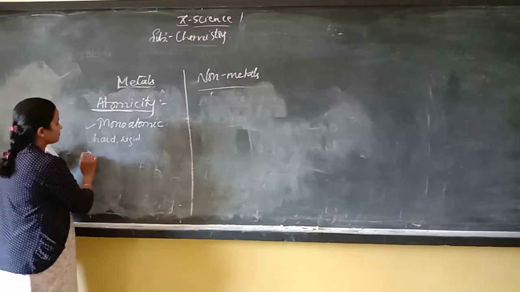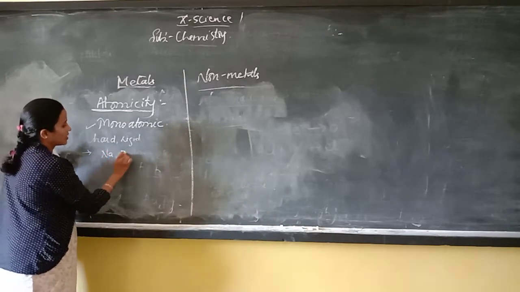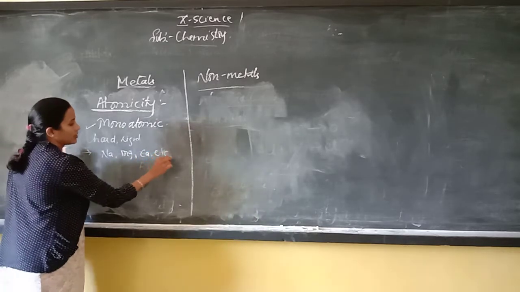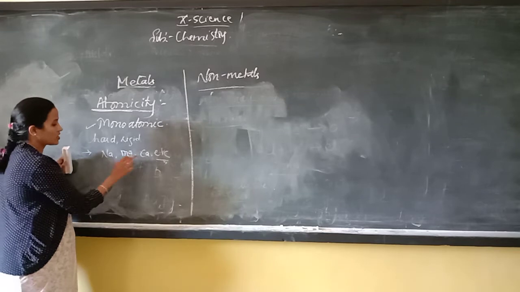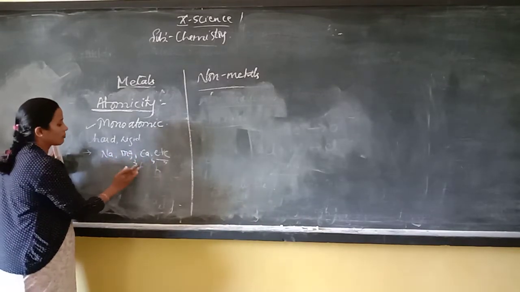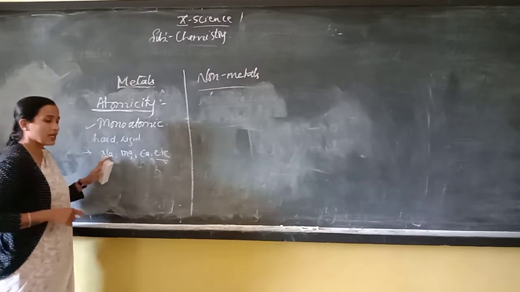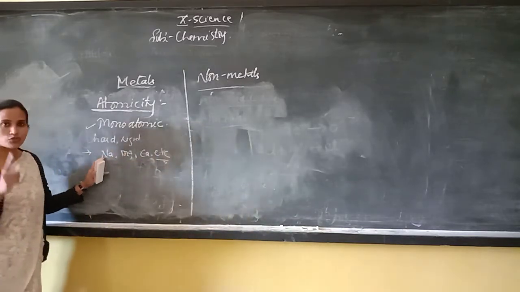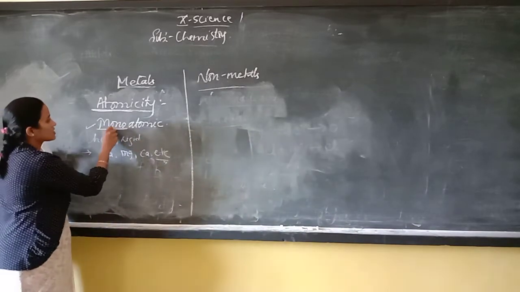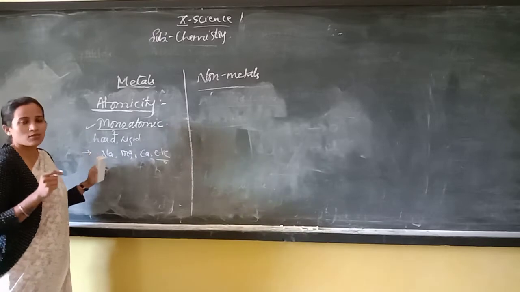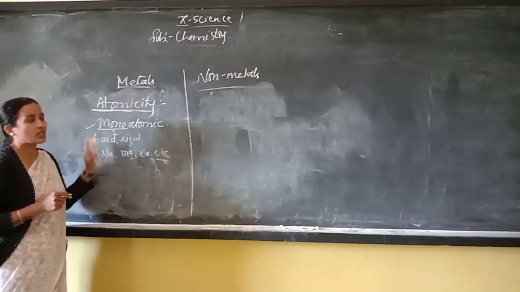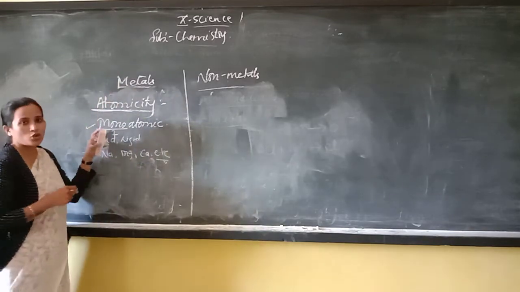For example, sodium, magnesium, calcium, etc. They are all monoatomic because there are no numbers like 2, 3 or 4. Mono means one, single. Those elements that form with a single atom are called monoatomic. So the atomicity of a metal is monoatomic.